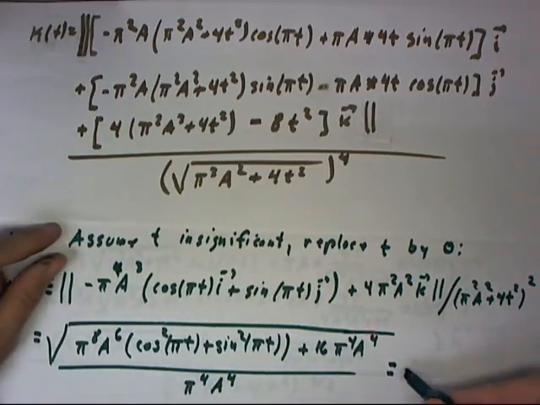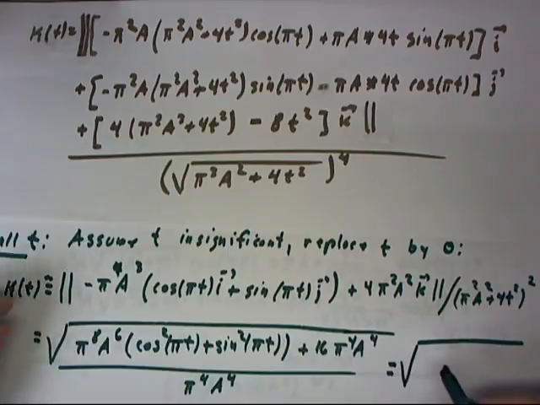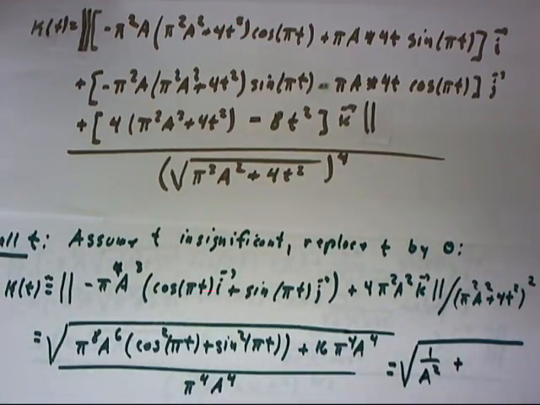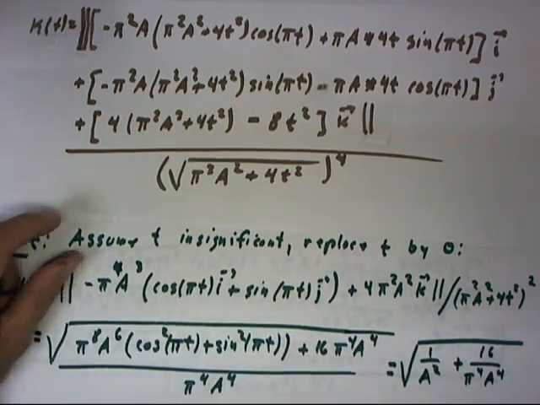We're going to end up with the square root of pi to the 8th a to the 6th over pi to the 8th a to the 8th. So that's 1 over a squared. And then this is going to be 16, but that's going to be over pi to the 4th, a to the 4th.